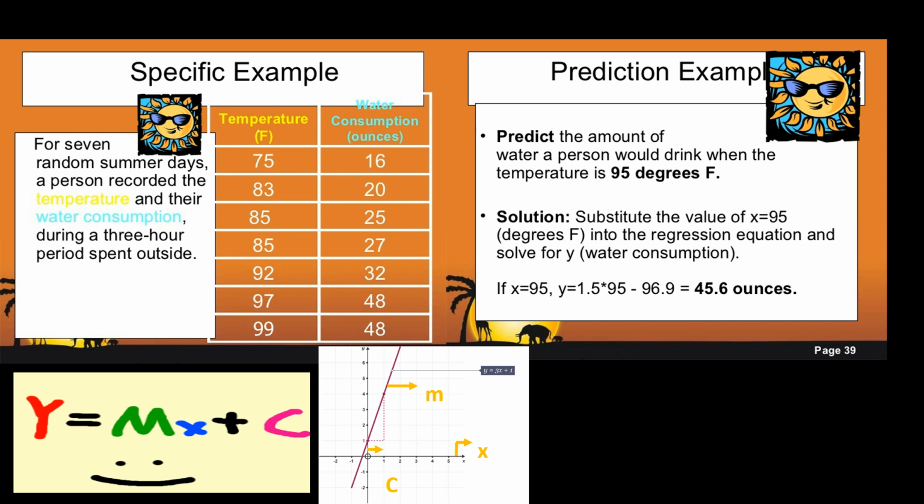Another example is this. Given some temperature value, how many ounces of water you have to drink. It's a real number, and once it is trained, you will be given the input, which is the temperature, suppose 95 degrees, and you have to predict how many ounces of water to drink based on the learned model. In this case, the learned model is this. You can compare it with the equation of a straight line, where m is the slope and c is the intercept.